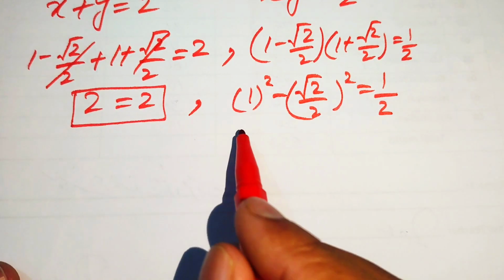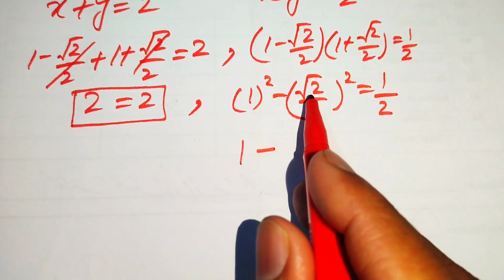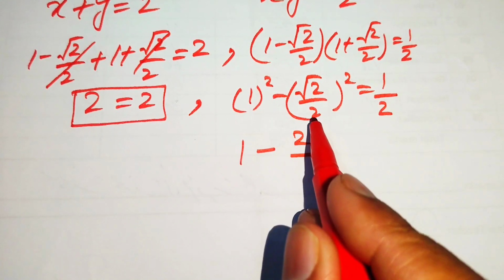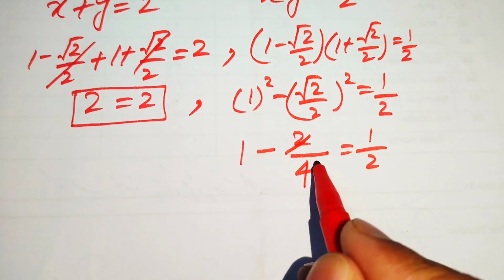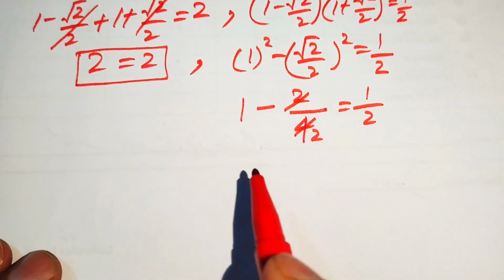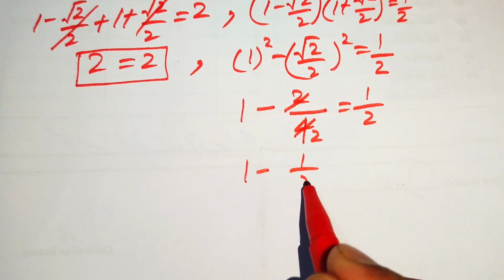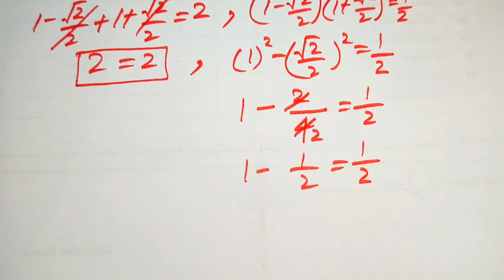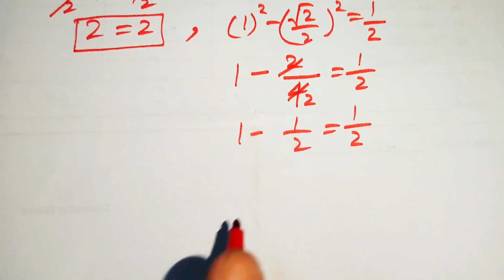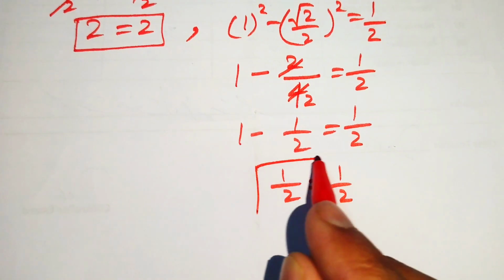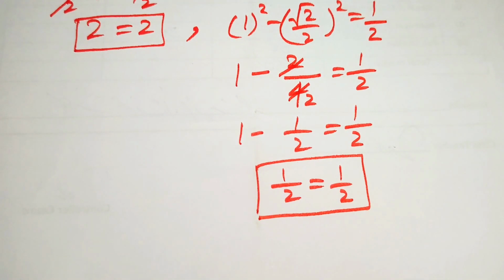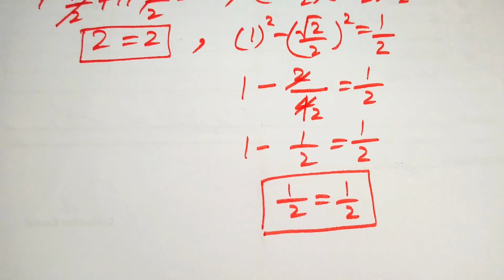Now in the next step, 1 square is 1 and square root of 2 square is 2, and this 2 square is 4, equals 1 over 2. So 2 times 2 is 4, and we get 1 minus 1 over 2 equals 1 over 2. So this shows that the values of x and y satisfy the second equation as well.